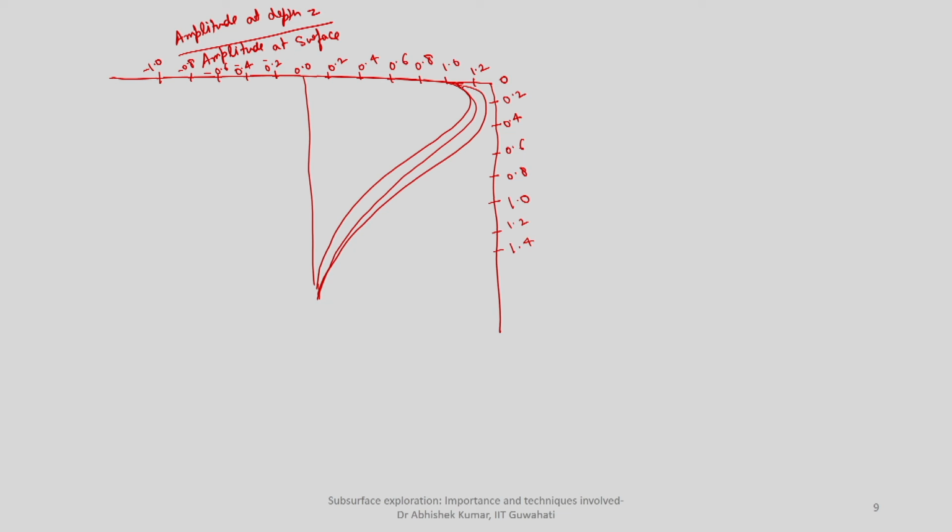So, this is about the vertical component of the wave, and this is z over lambda r, that is the wavelength. If you are making a comparison with respect to the depth, this will be like minus 0.4.